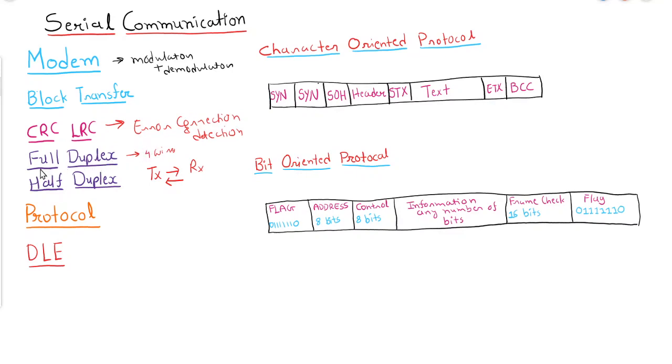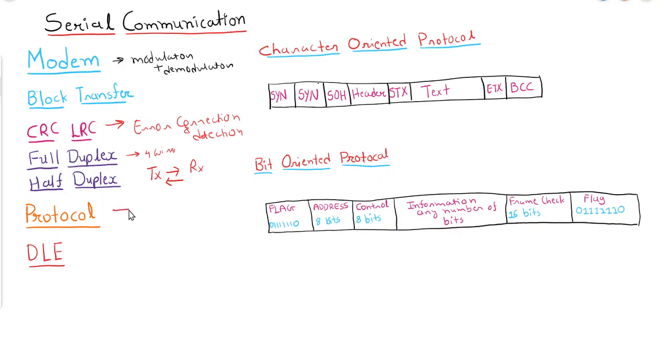Using only 2 wires we can also perform full duplex communication, but in that case we have to use non-overlapping frequency bandwidth. The transmitter or sending channel works at one frequency, and the receiving channel works at a different frequency, so the same medium can be used for sending as well as receiving data at the same time.